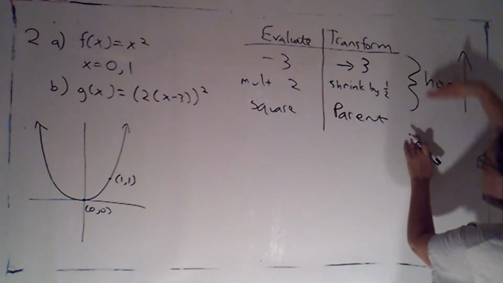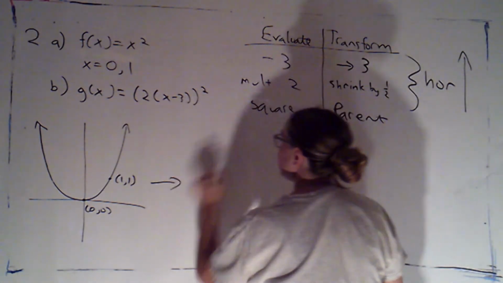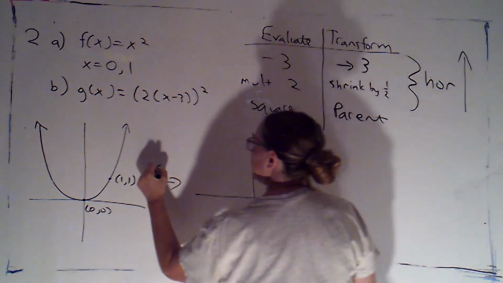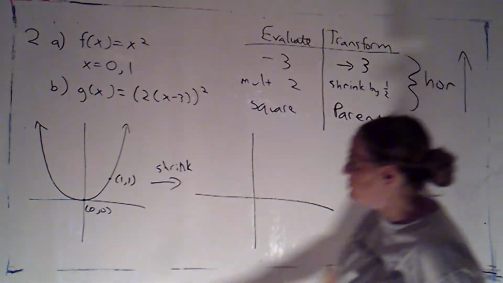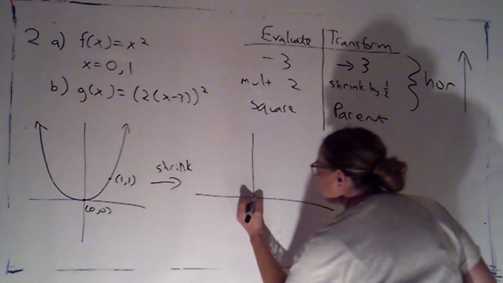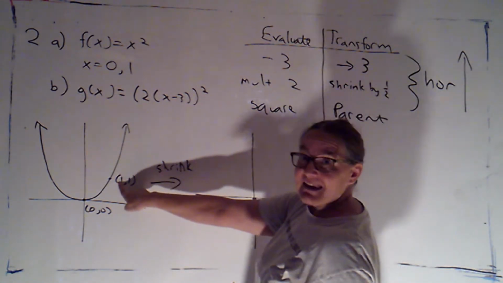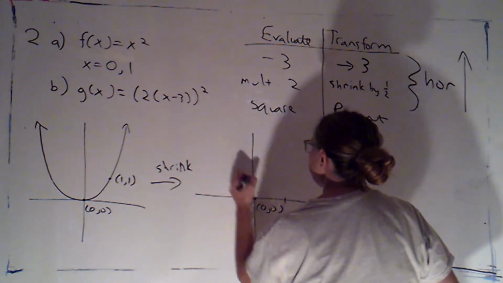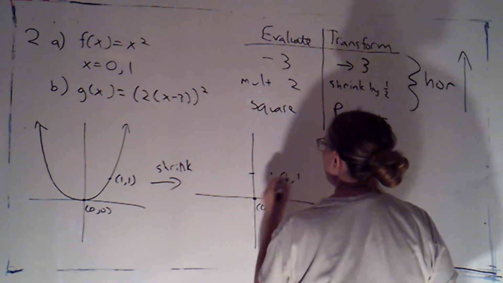So I'm working away from the parent function. So I'm first going to shrink things by a factor of 1/2. So since these are horizontal, I'm changing my x values. Now half of 0 is still just 0, so that point's going to become 0, 0 still. But if I shrink that x value by a factor of 1/2, then instead of being at 1, 1, it's at 1/2, 1.